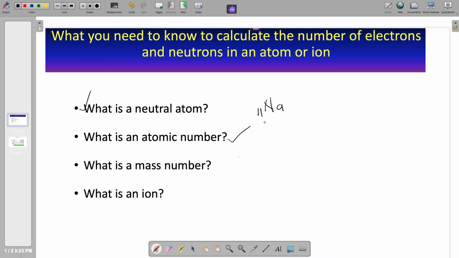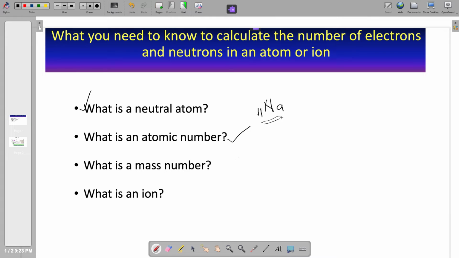Usually when an atom is charged, you normally see a number and a sign written as a superscript on the top right corner where I've drawn this box. But as you've seen, in neutral sodium, we don't have any number and sign, so we don't have a charge attached to sodium. Because of this, sodium is a neutral atom.